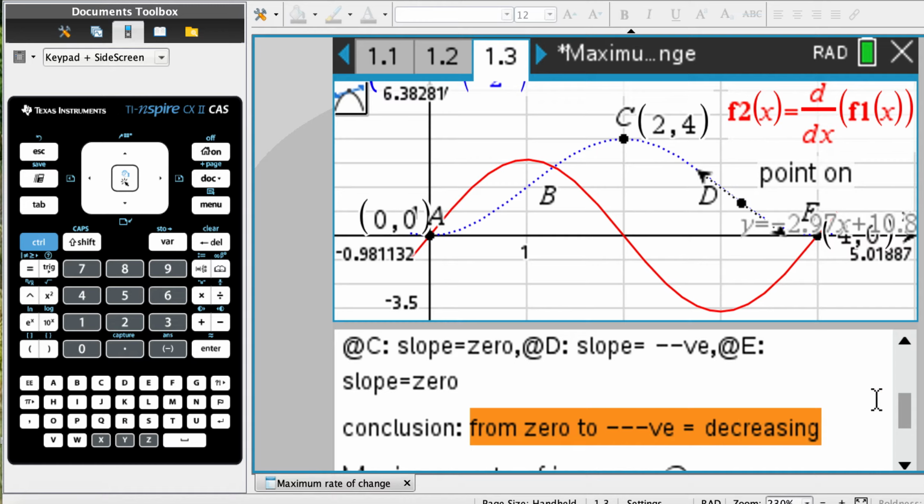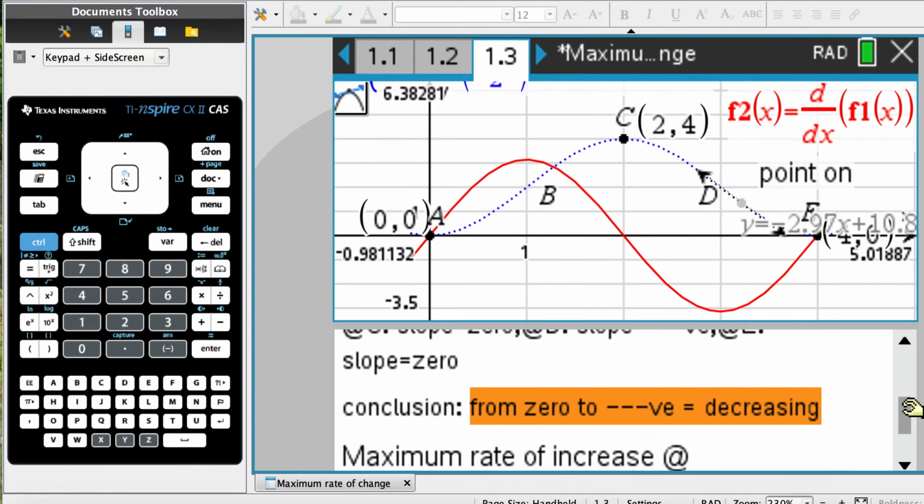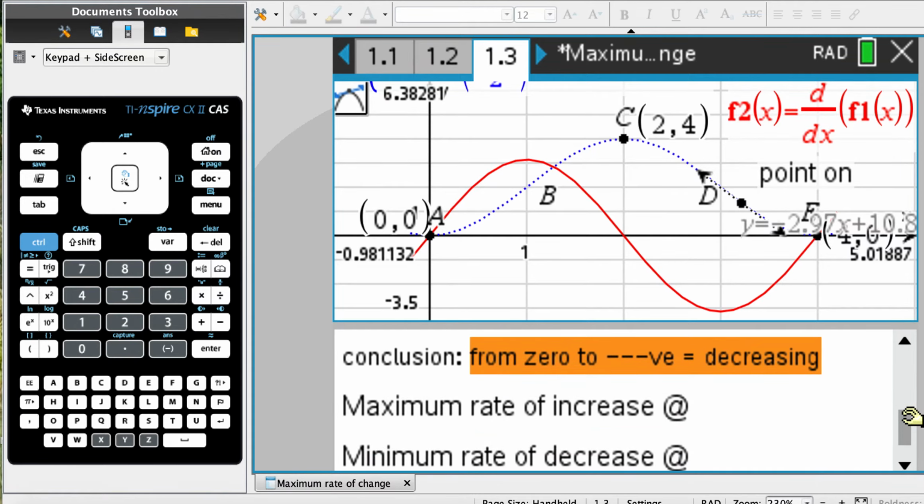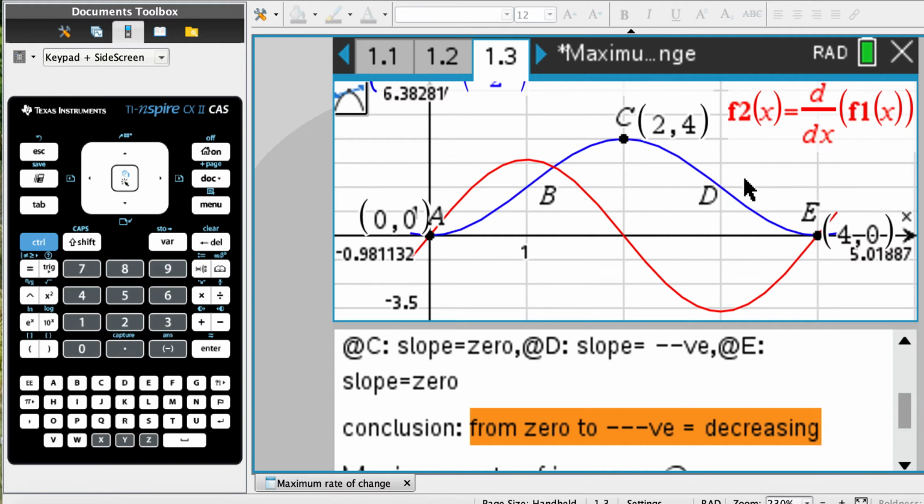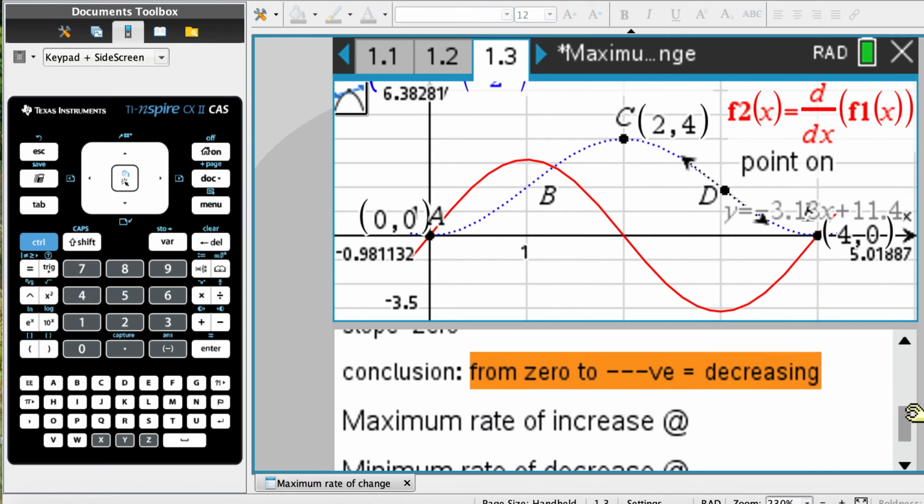Therefore, I can conclude that at point D we have the maximum rate of decrease, and pretend that this is time. So the maximum rate of decrease will occur at time, that's 1, that's 2, so on the grid here, at time t equals 3. Isn't that right?